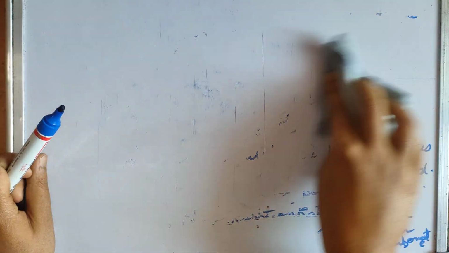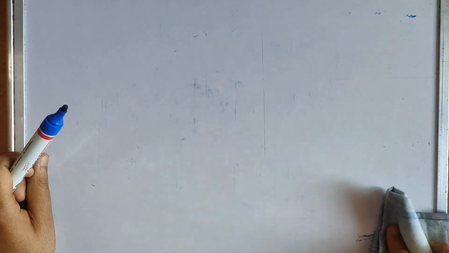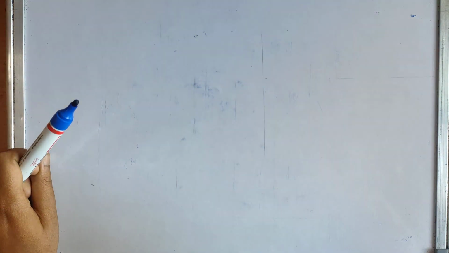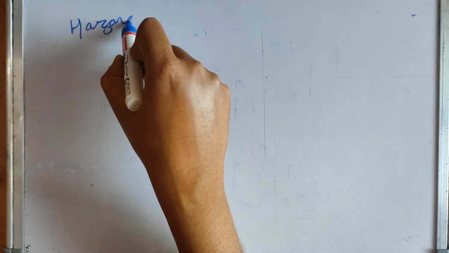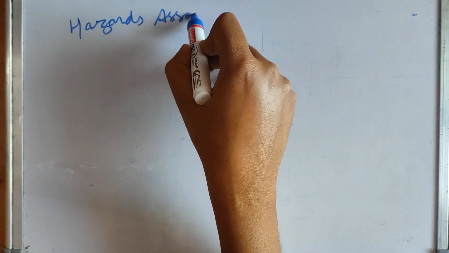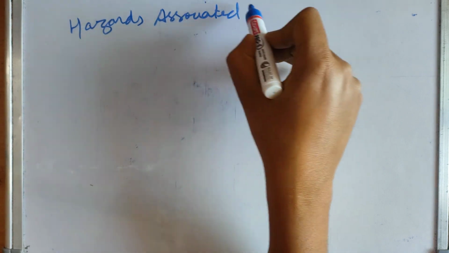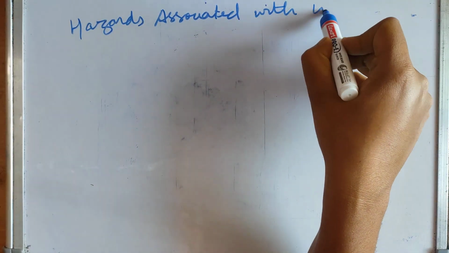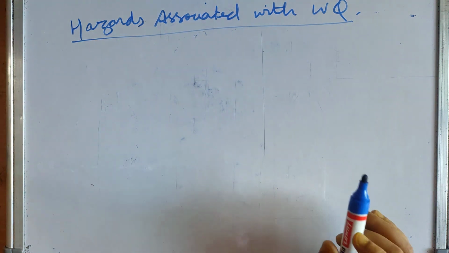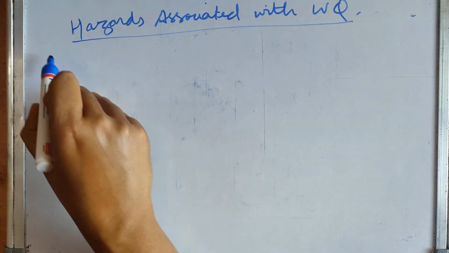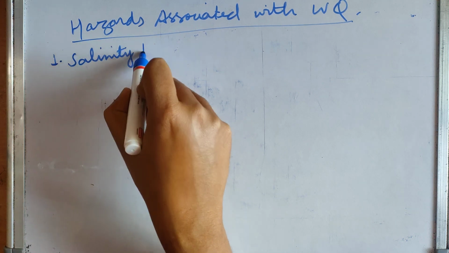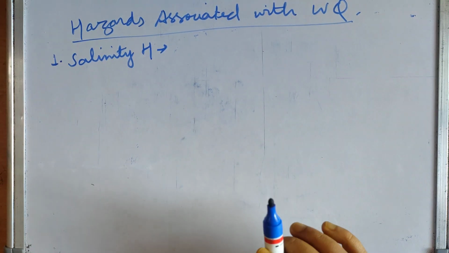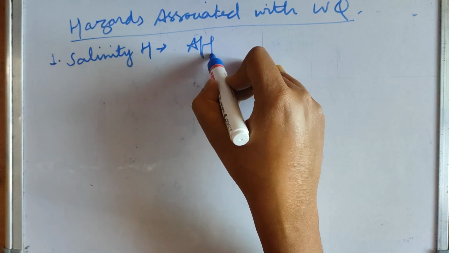So now, what are the hazards associated with water quality? If BPSC asks you this question, you have to describe these three parameters. The first hazard is salt concentration, that is salinity hazard. It affects the growth of most crops.